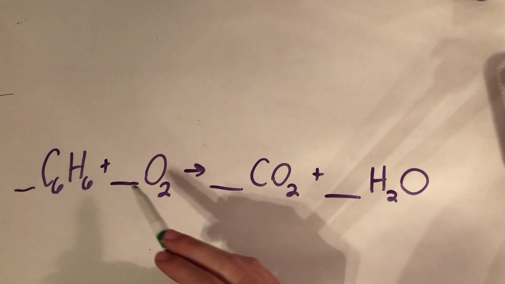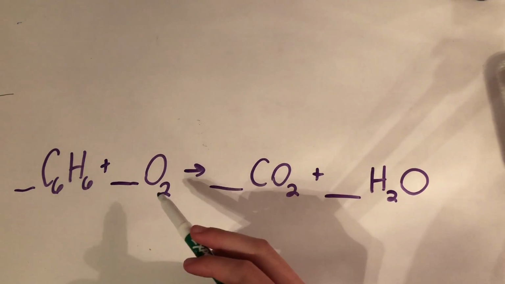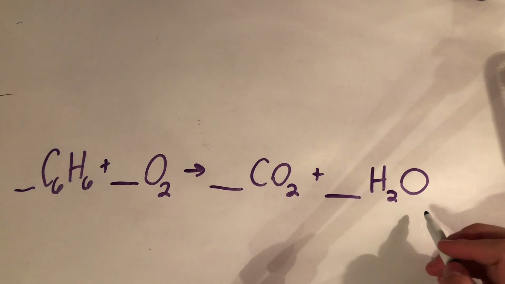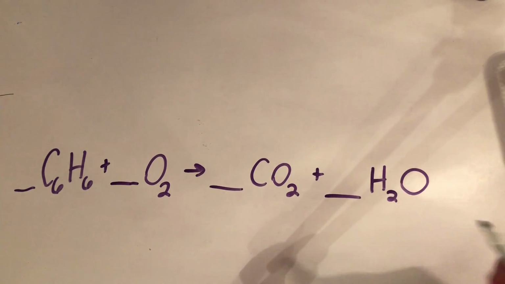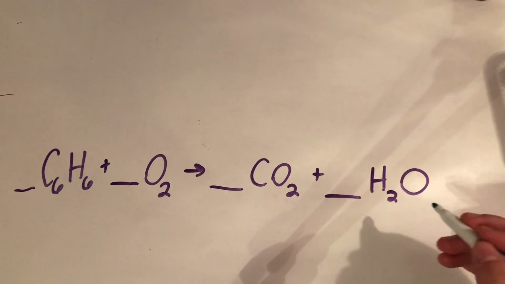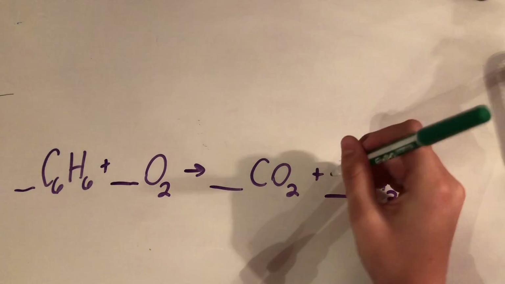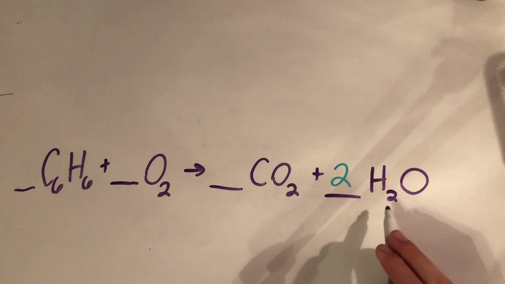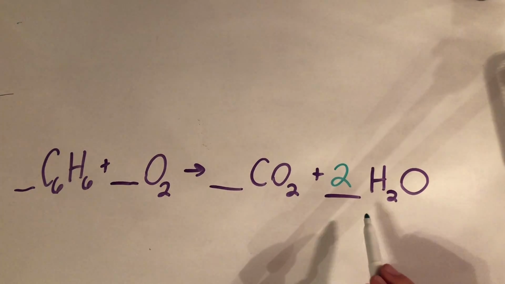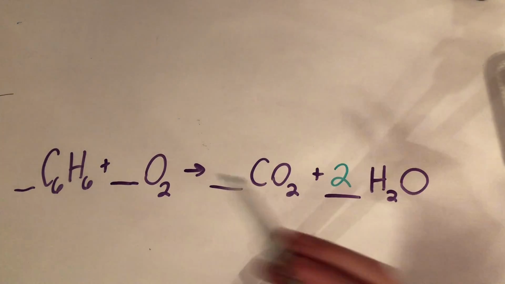So this is going to be even no matter what, because whatever you times that by is going to be an even number. So looking at this, it has to be at least a 2, right, to make this an even number. But the thing is, if you make it a 2, then the hydrogen is going to be 4, but there's 6. So we need this to be a multiple of 6 in order to make that work.